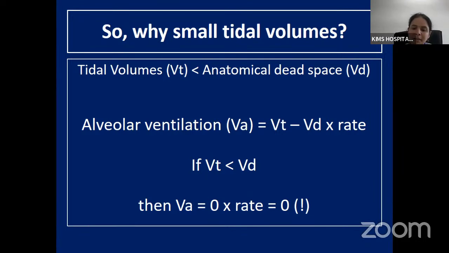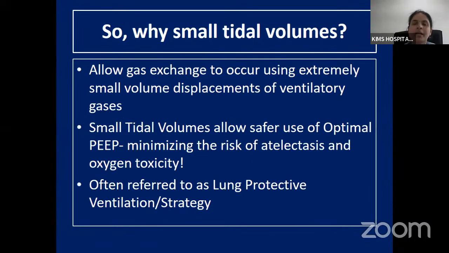So, if the tidal volume in high frequency is lesser than the anatomical dead space, the question arises, how does it result in effective ventilation? And we shall be discussing a little bit about this when we discuss the various mechanisms of high frequency ventilation.